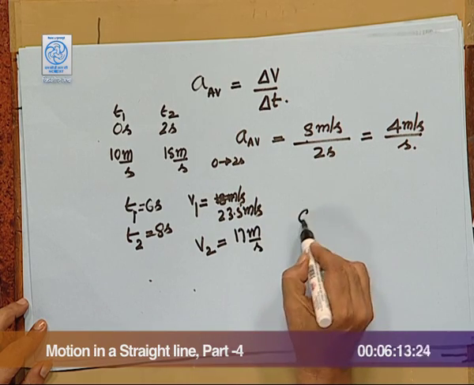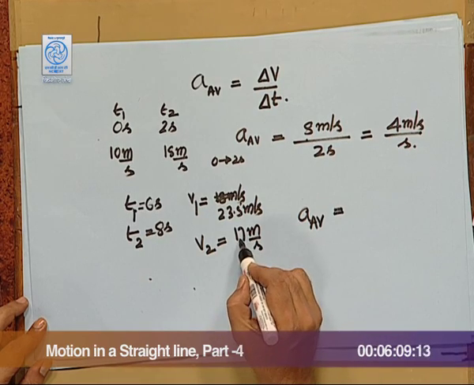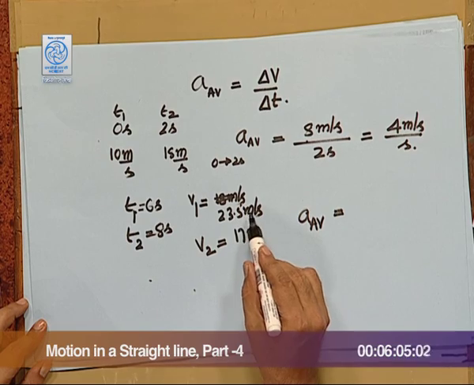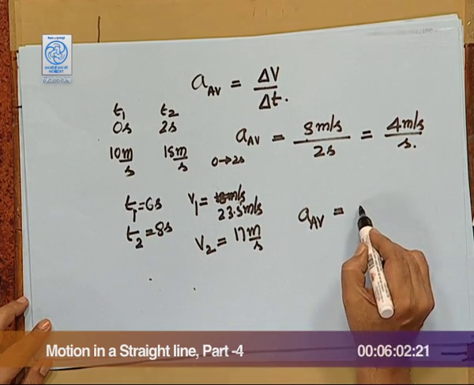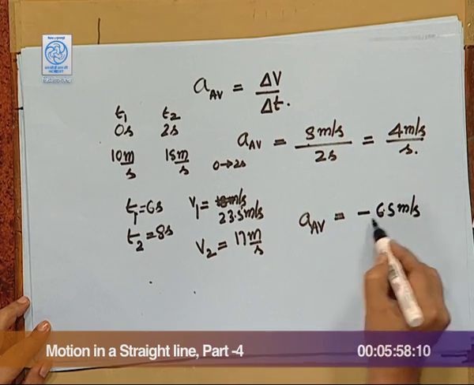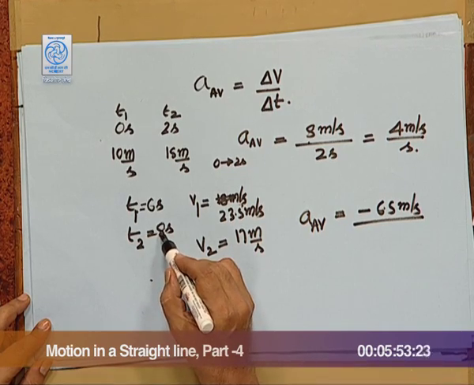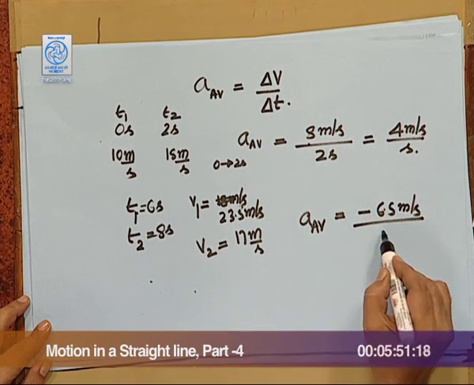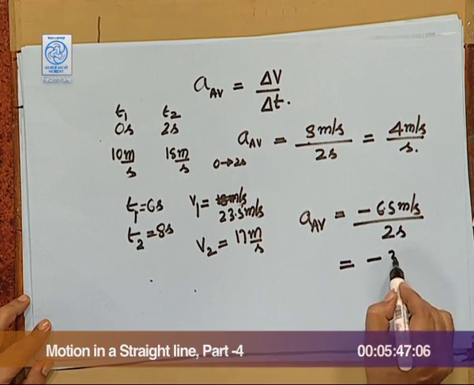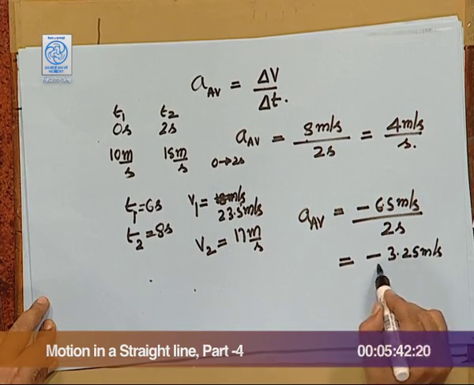Now, the average acceleration in this interval of time: v2 is 17 meters per second, v1 is 23.5 meters per second. So, v2 minus v1 is minus 6.5 meters per second, and that is the change in the velocity in the interval from 6 seconds to 8 seconds, the interval being 2 seconds. So, the average acceleration is minus 3.25 meters per second per second.